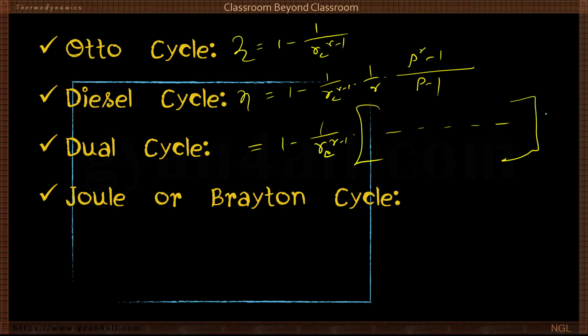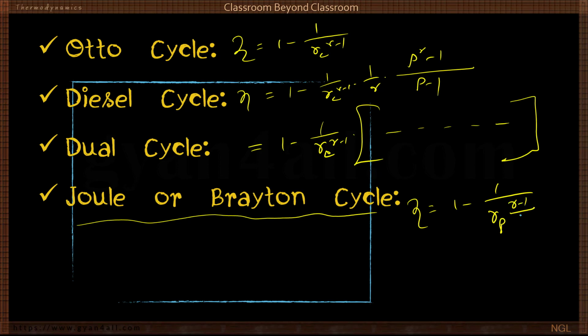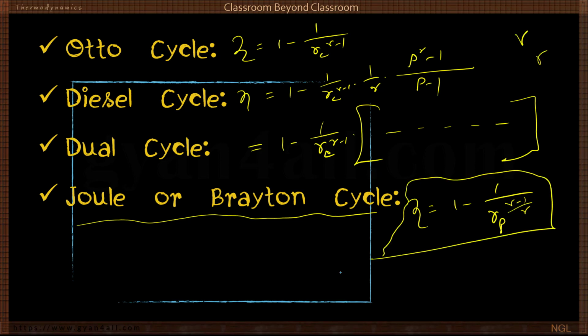And for the dual cycle, then what is the efficiency for the Joule or Brayton cycle? Efficiency is 1 minus 1 by Rp to the power, not gamma minus 1, remember this is gamma minus 1 divided by gamma.